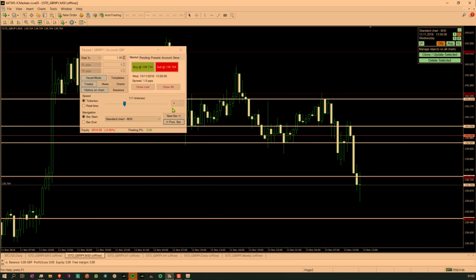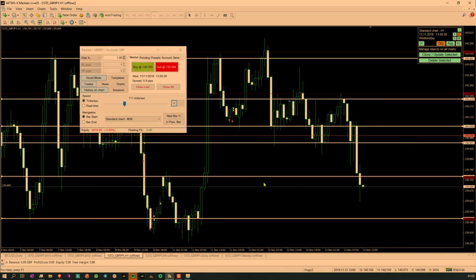Okay, let's play this. The thing is, we have breached this zone in the 1 hour, right? We breached it. We closed below, but we are having a bit of rejection.